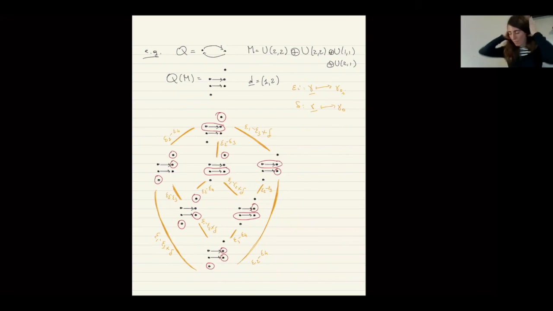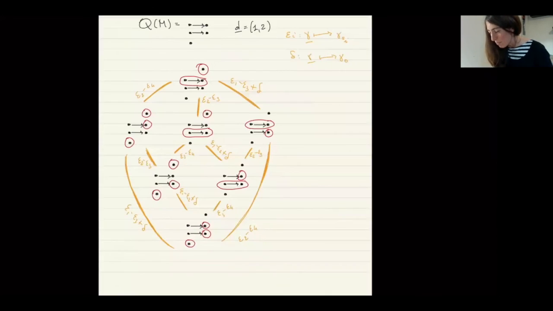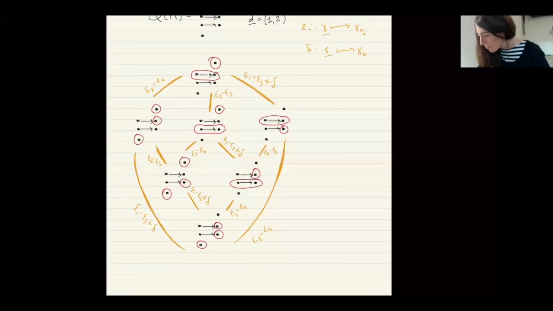So in fact, in this case, it's a variety which was already known, but I wanted to make sure I wouldn't mess it up. So let me just notice what I was saying about cutting and pasting. For example, here, this edge, what you're doing is that you pick this segment, you cut this initial part, and you glue it here.